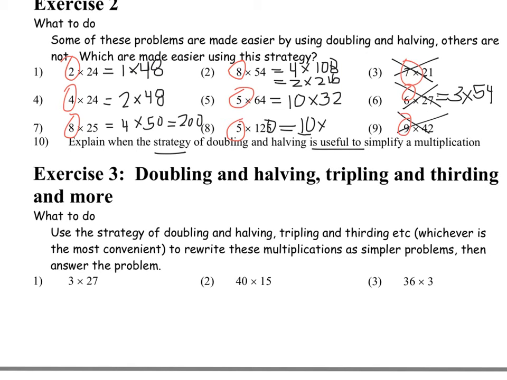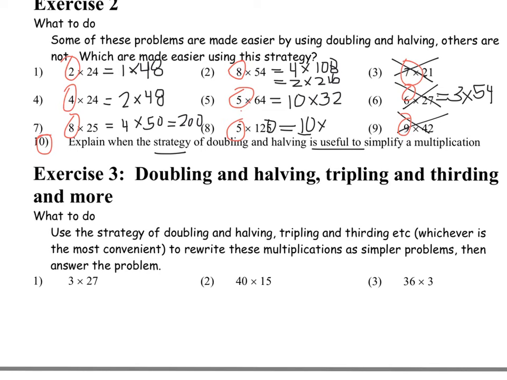So it looks like even numbers and 5 work in doubling and halving, but other numbers such as 3, 6, 7, and 9 do not work very well when doubling and halving. So you're going to write that for number 10.